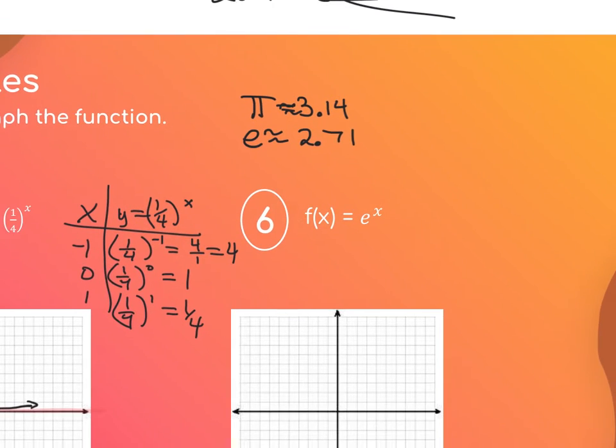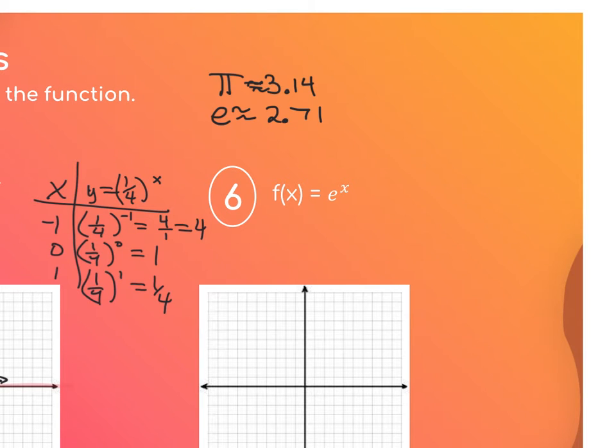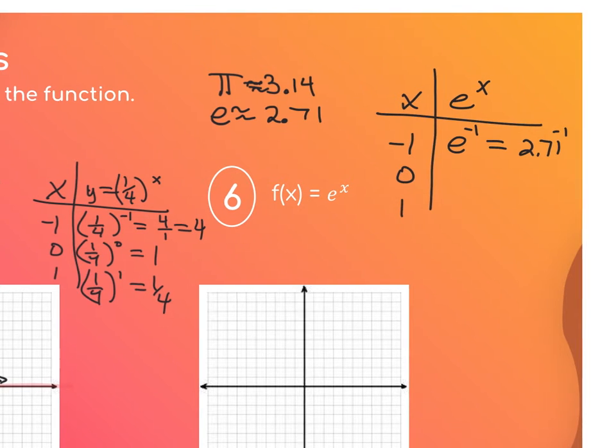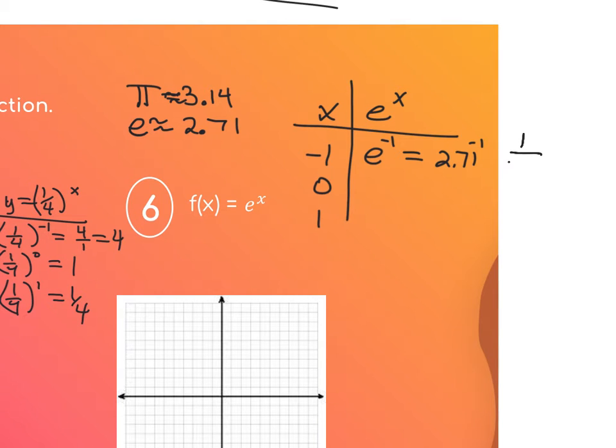So if I were to do my little T-chart here, and I'm doing E to the X, I could just plug in -1, 0, and 1. So what I'm doing here is E to the -1, which is really saying 2.71 to the -1.